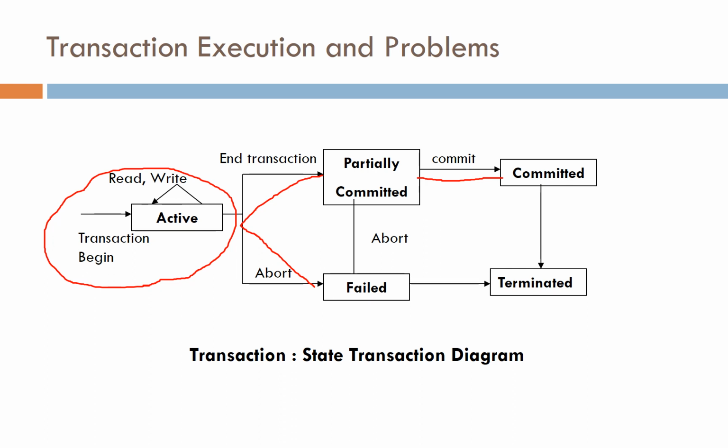So in the state transition diagram, whenever any data is going to be committed, it is previously partially committed, and then when commit is performed, that data will be permanently stored in the system.